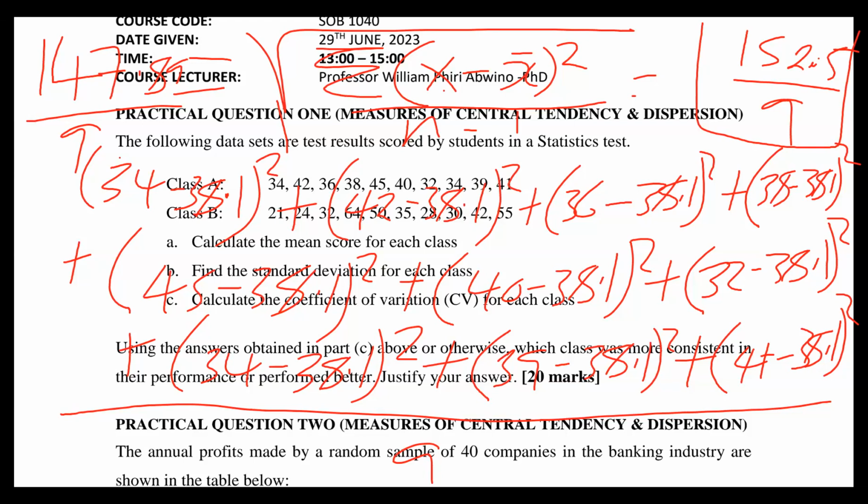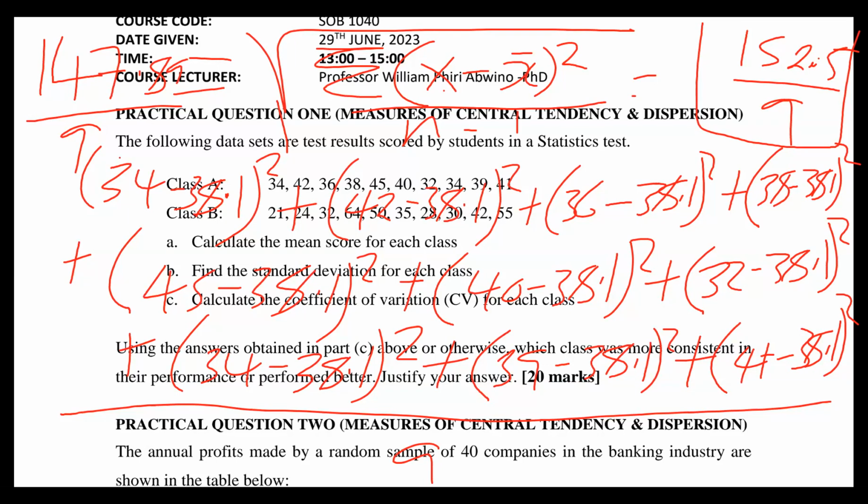Are you calculating, madam? I am, but I'm a bit confused here. In terms of calculations, I'm supposed to subtract, is it 34 minus 38? So when I find the answer, I square root it, is it? Not square root, square the answer. Then I go to the next one just like that.